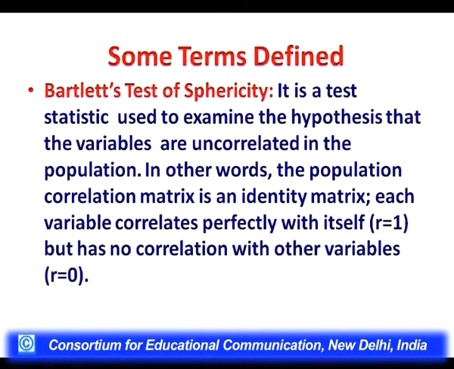In other words, the population correlation matrix is an identity matrix. Each variable correlates perfectly with itself, where we get r equal to 1, but has no correlation with other variables, r equal to 0.